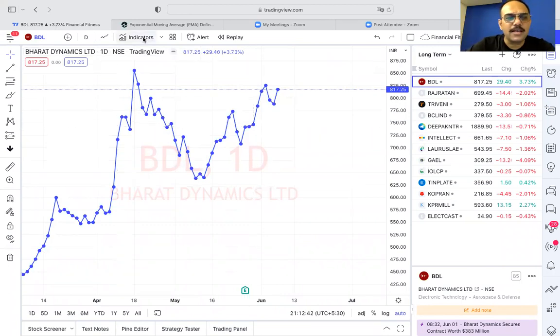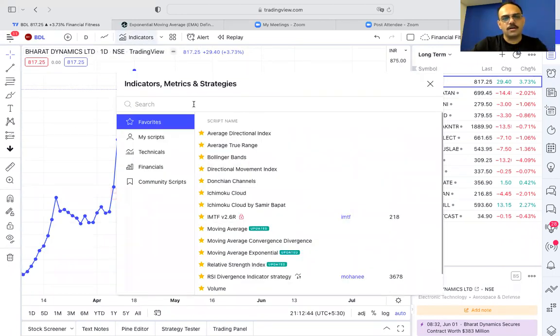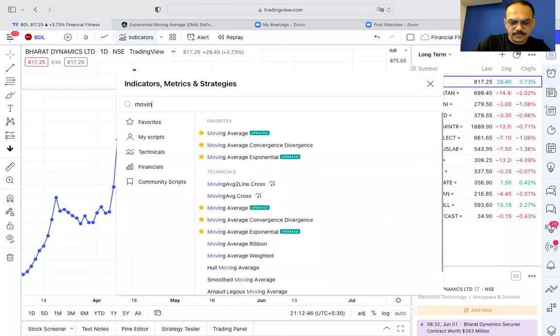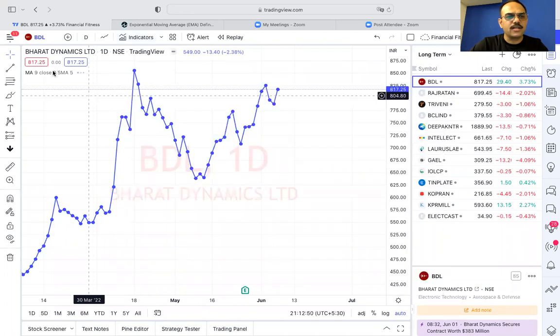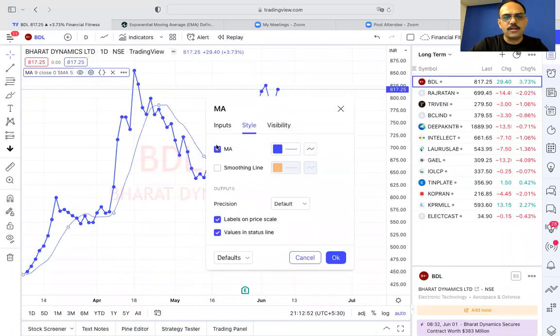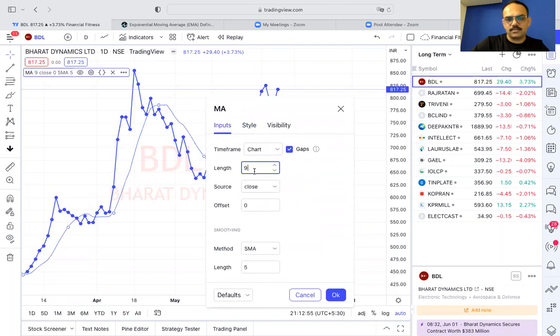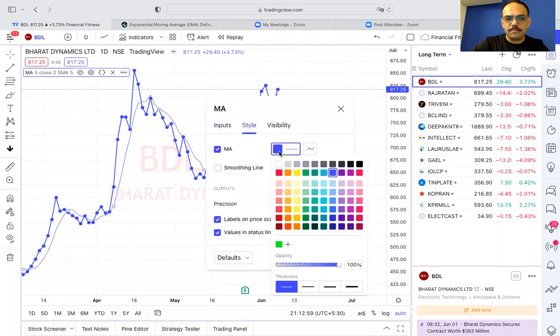For example, if I have to put a moving average, this will be a simple moving average, let's say for 5 days. 5. Let me make it darker.